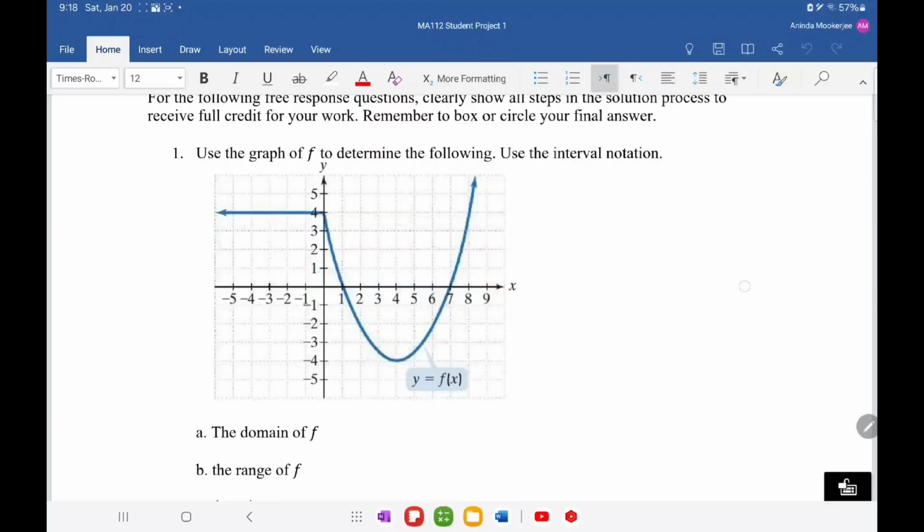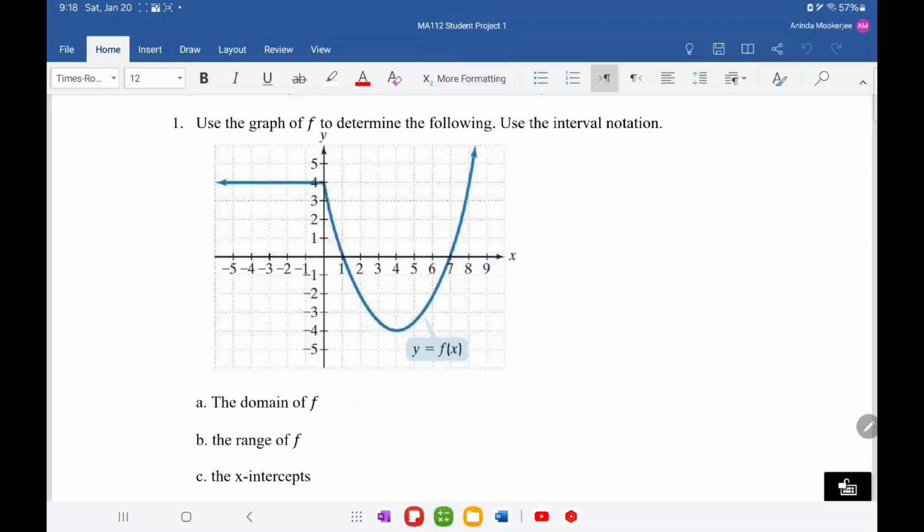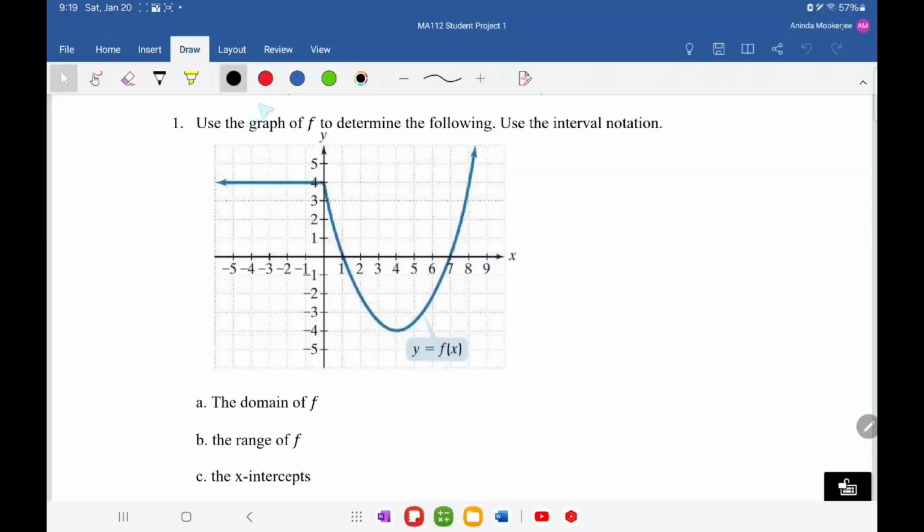So what does domain represent? All the x values that can be input into a function, which will produce a real number for a y value. That's the definition of a domain. So for the domain, this is what I'm going to write in interval notation.